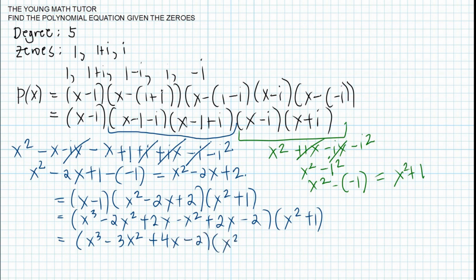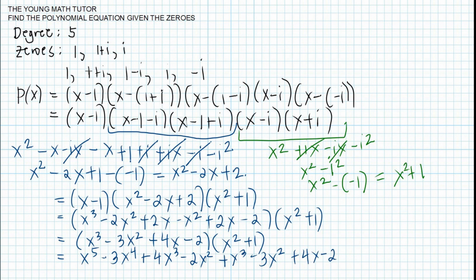Now we can distribute these again. So that will be x raised to 5 minus 3x raised to 4 plus 4x cubed minus 2x squared plus x cubed minus 3x squared plus 4x minus 2. Now I can just combine the similar terms here.